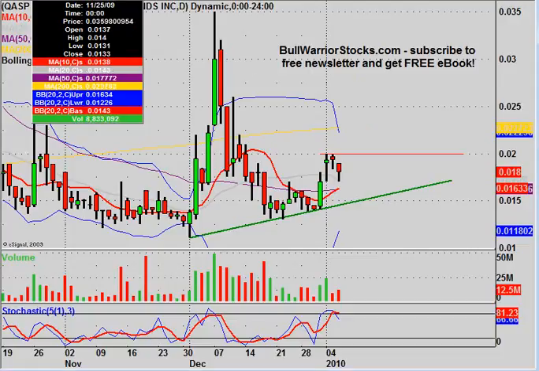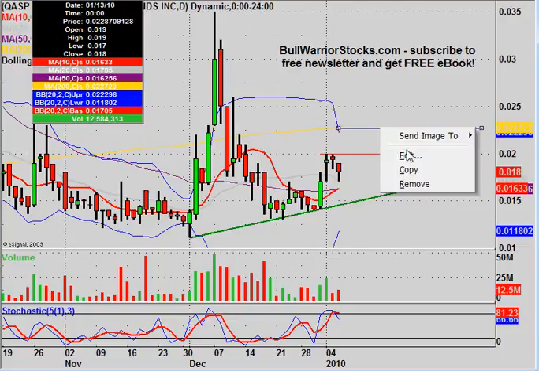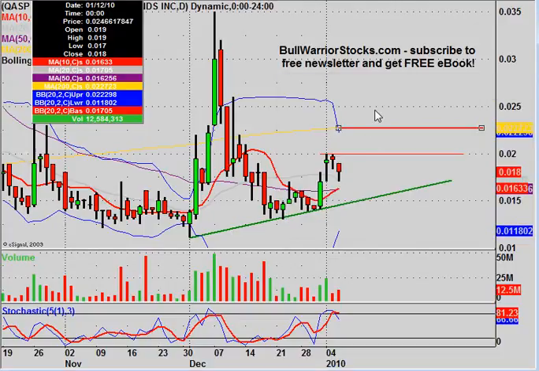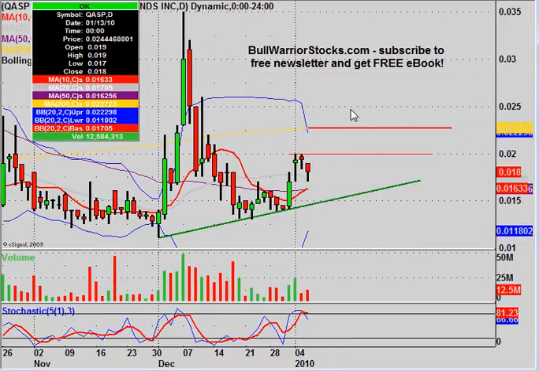Keep in mind it's dynamic, but being it factors in 200 days, it doesn't move around too much. So I'm going to draw this line, and this is going to represent the 200-day simple moving average. This is pretty important in terms of the grand scheme, because if you can get above the 200-day and then close above it, there's a chance that the price could really get moving, because resistance levels do start to thin out quite a bit more after that level. But one step at a time.